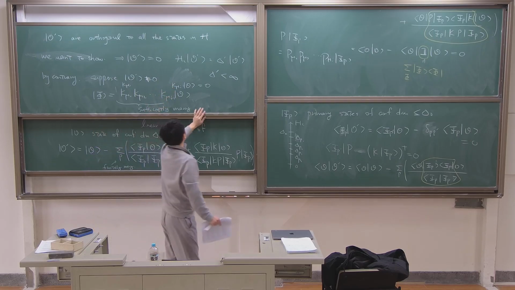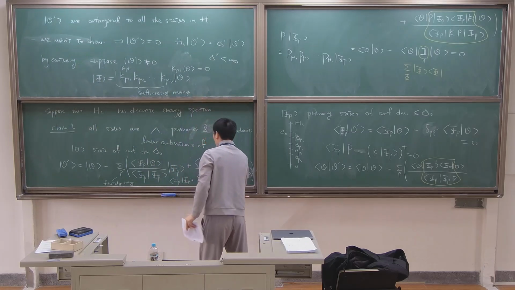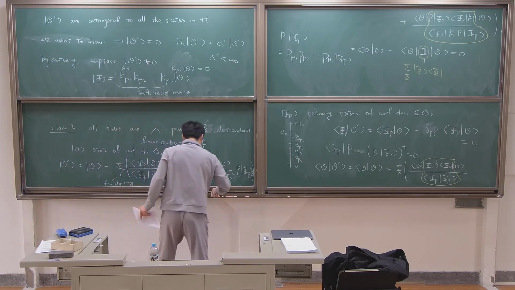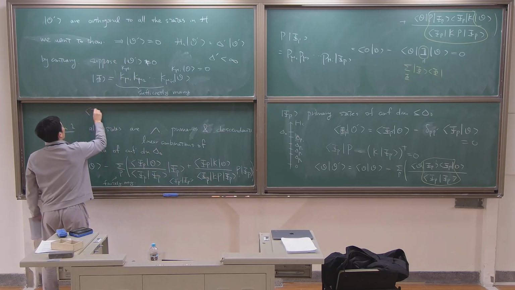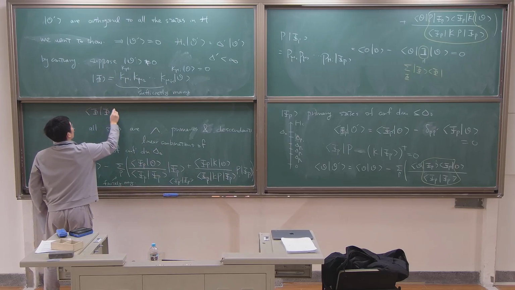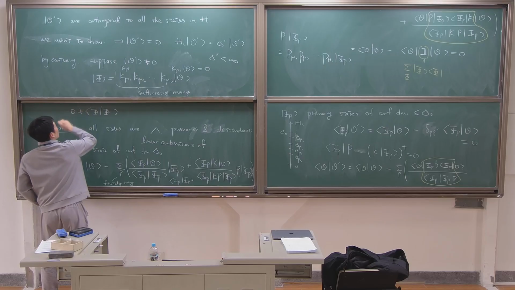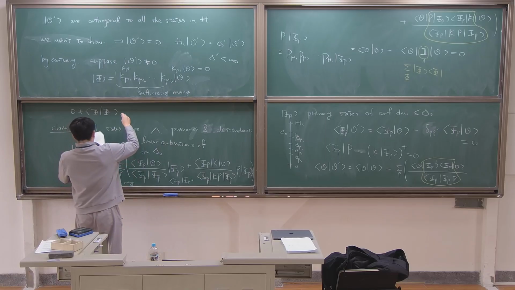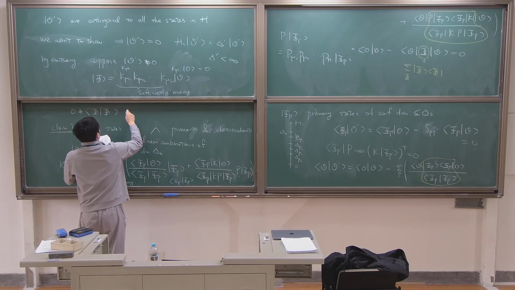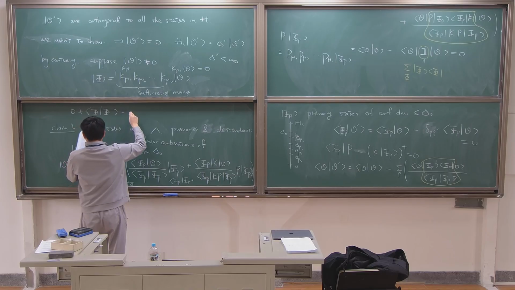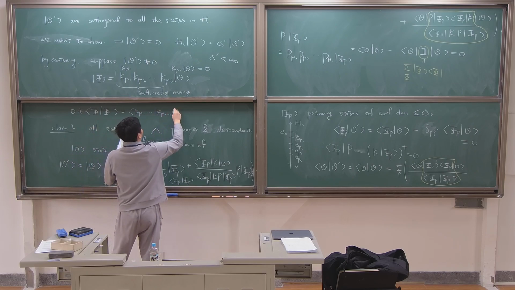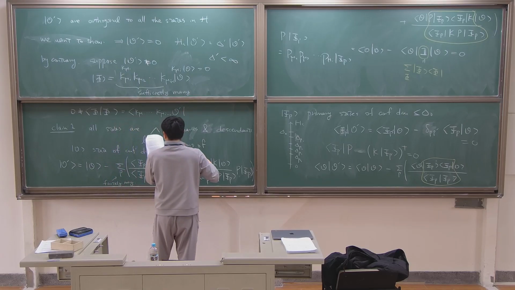So this means that psi is a non-trivial state, because under the assumption the primary state is non-zero in the inner product. And this is equal to K mu 1 acting on K mu I minus 1 O prime, and then acting on psi.